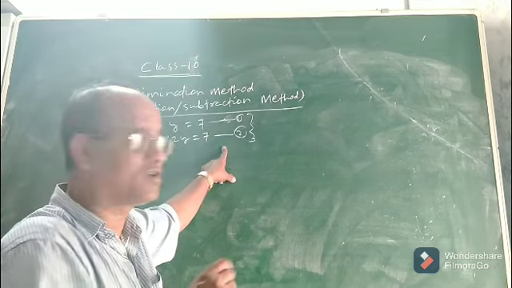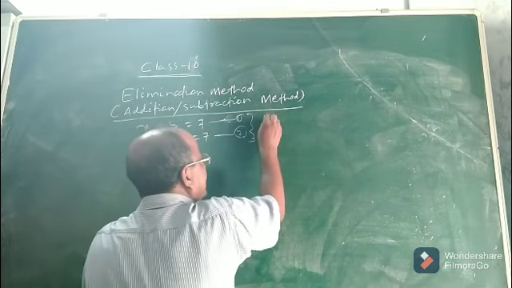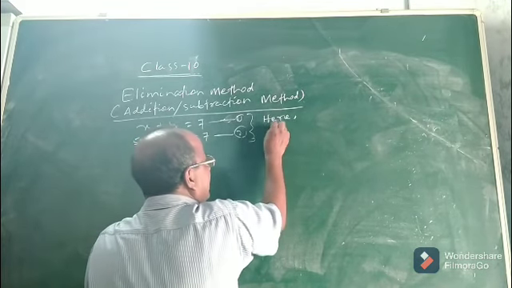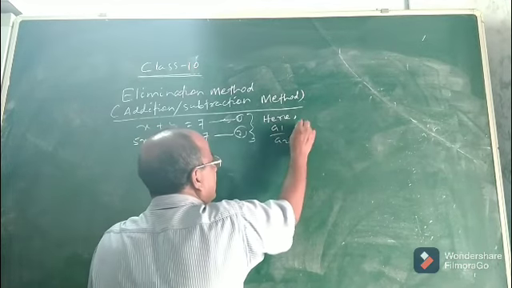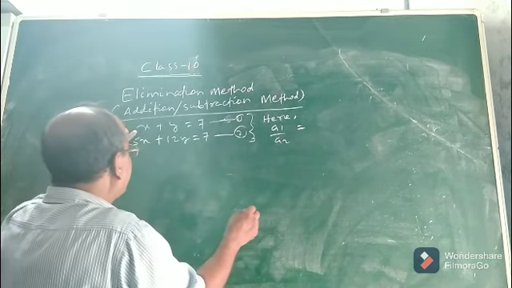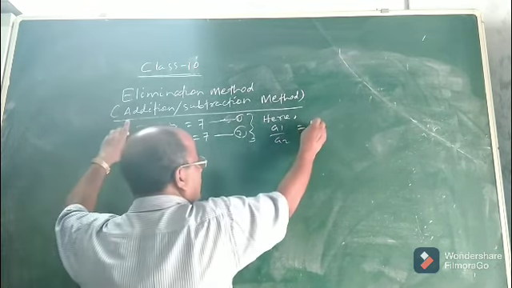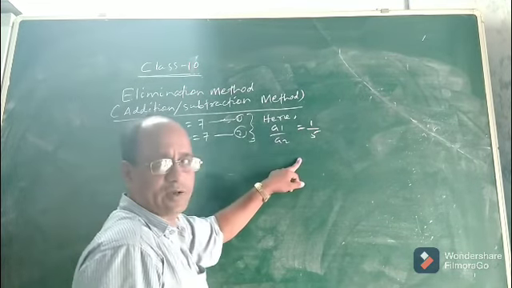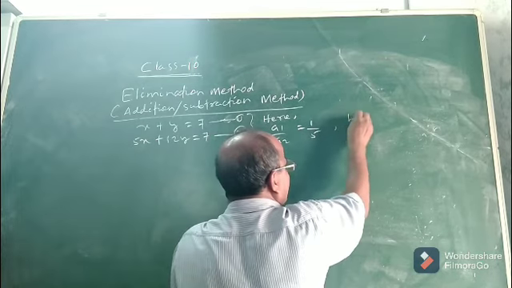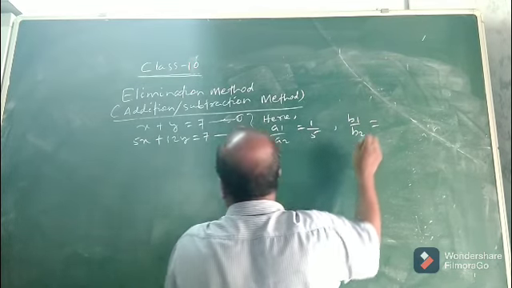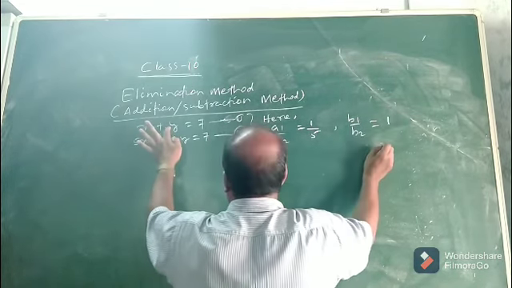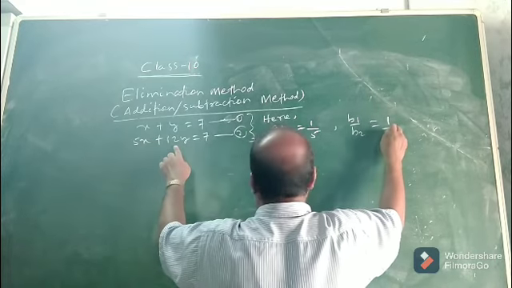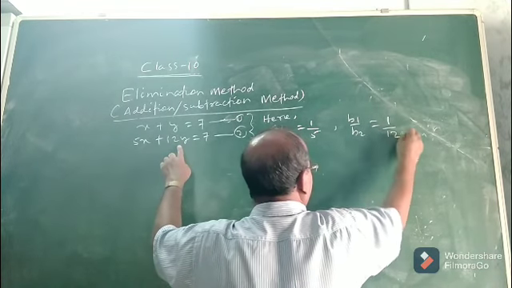So first we have to ensure that the system has a unique solution. For that, first find a1 by a2. What is the value of a1? The coefficient of x, it is 1, and here it is 5. So a1 by a2 is 1 by 5. What is the value of b1 by b2? b1 is again 1, the coefficient of y, and here the coefficient of y is 12.